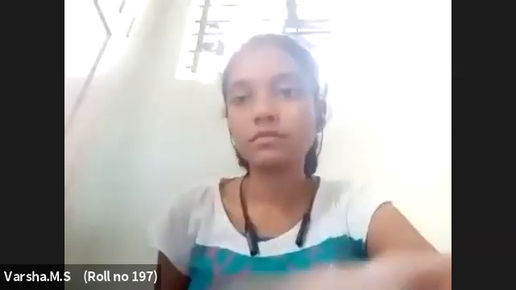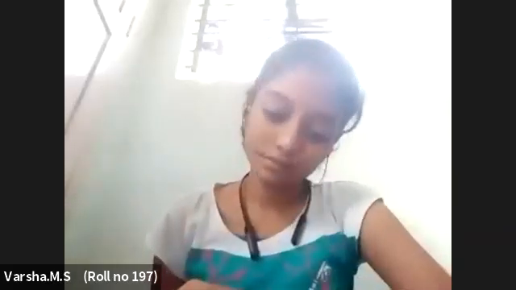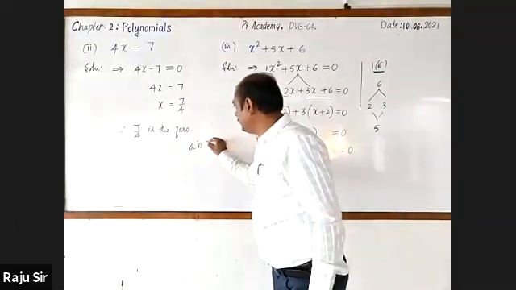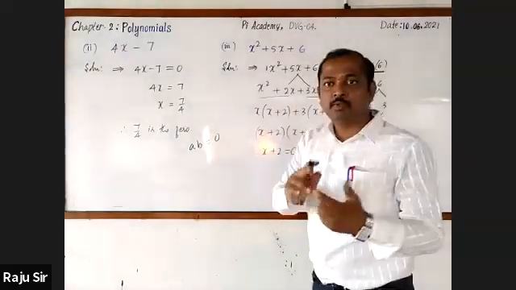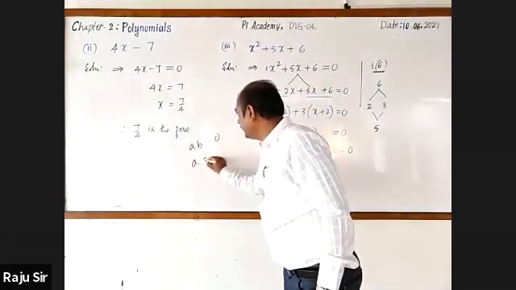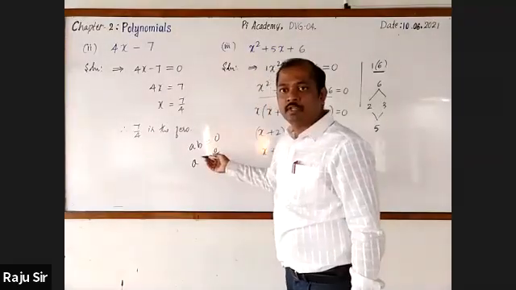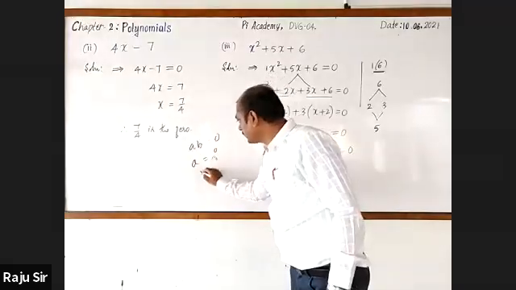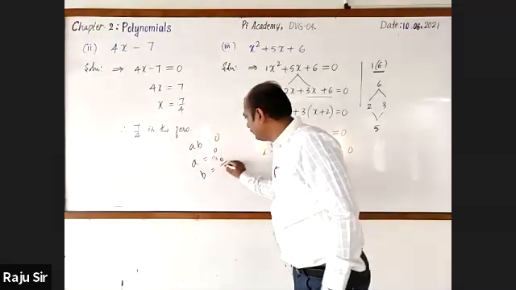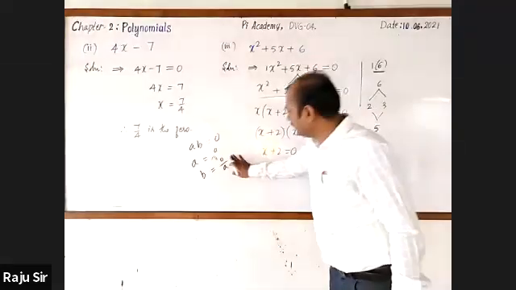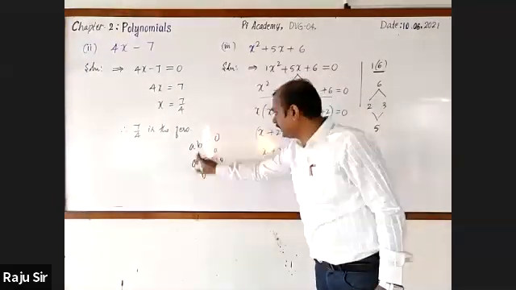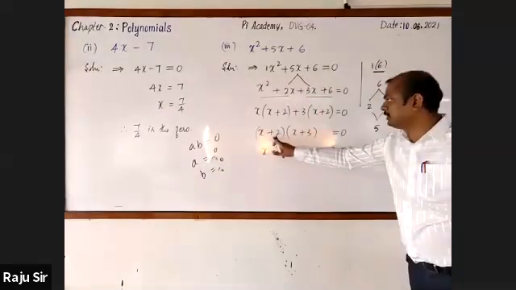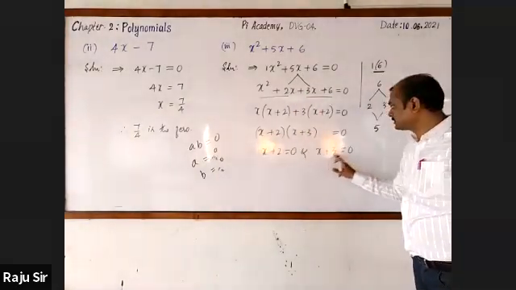Let me recall it for you, as you may not have learned it in the previous class. If a into b equal to 0, and you want a, what do you do? a equal to 0 by b, and 0 by b is nothing but 0. If you want the value of b, b equal to 0 by a, and 0 by a is 0. That is why we write a equal to 0, b equal to 0. In the same way, we have written x plus 2 equal to 0 and x plus 3 equal to 0.